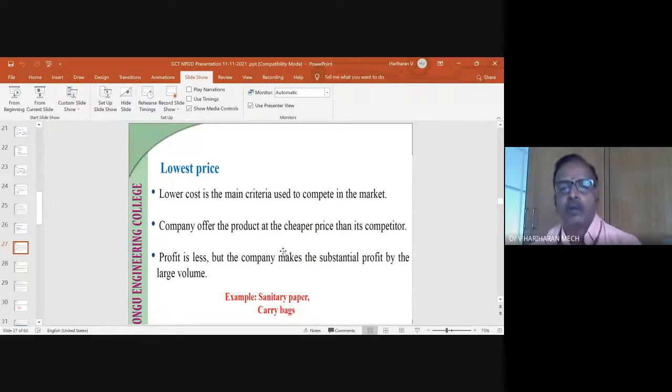The company offers the product at a cheaper price than its competitor. Profit per unit is less, but the company makes substantial profit through larger volume. For example, carry bags have very little profit, but they are manufactured in large volume and the sales are also very high. So this is called the lowest price policy.